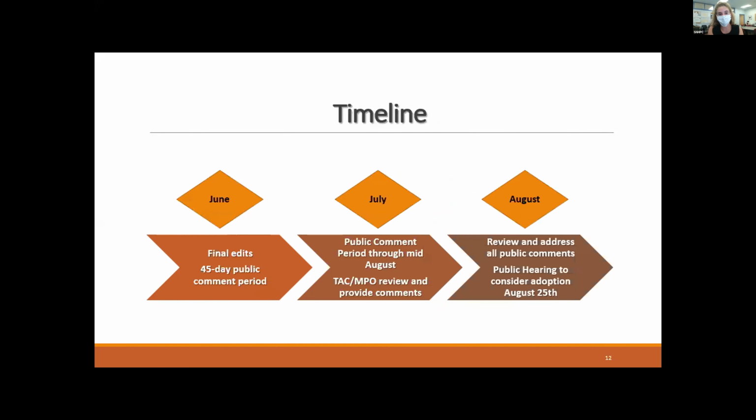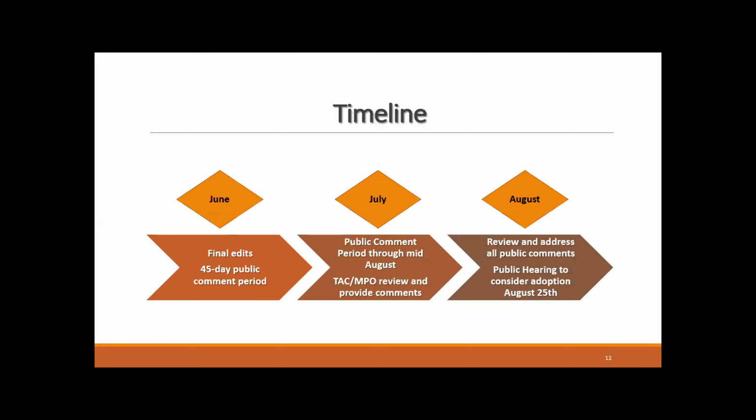So the timeline for this document: we're wrapping up edits internally right now, hoping to get the document out and available for a 45-day comment period, which will span over the month of July, in which there will be an opportunity to provide comments at both TAC and MPO meetings.